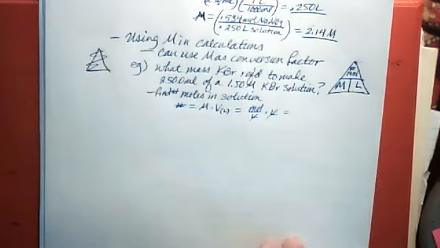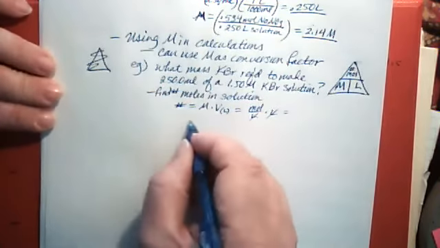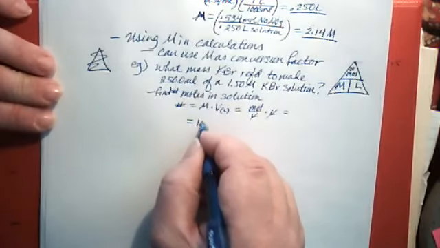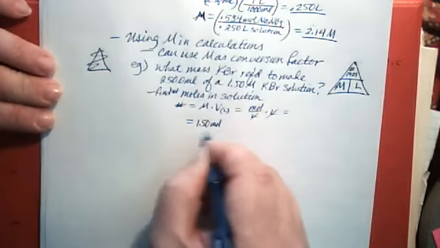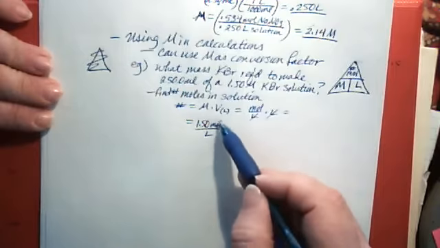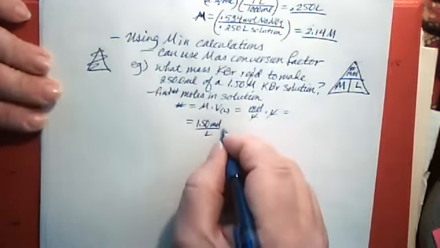And that might help you decide what it is you need to do. So in order to find the number of moles in solution, you take molarity times volume. The molarity is 1.50 M, or, as I said, that also means 1.50 moles per liter. So if you write it like that, it makes a little more sense.